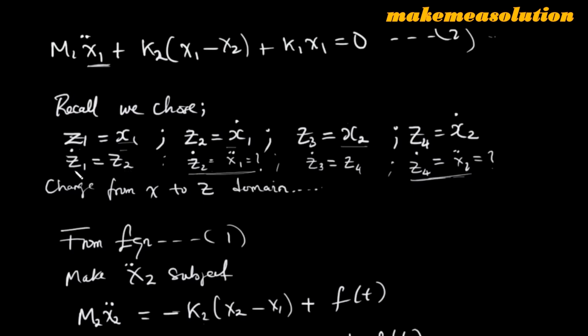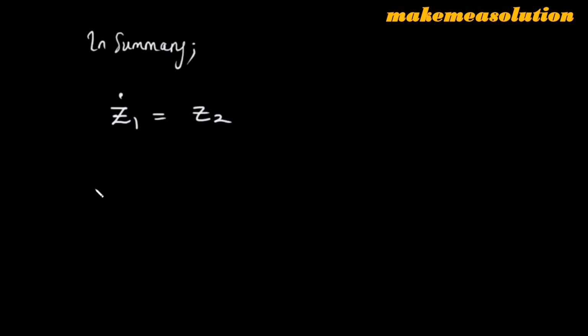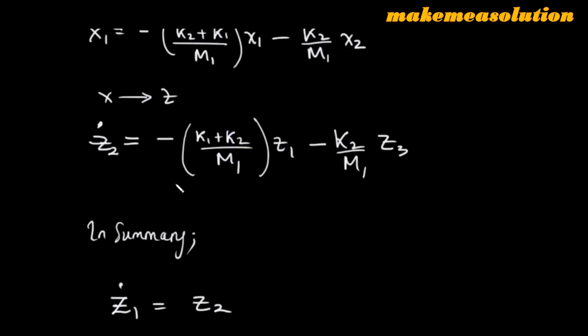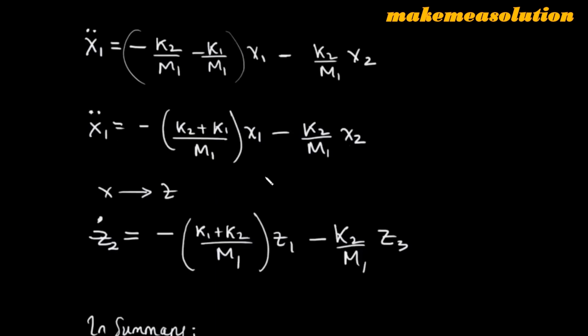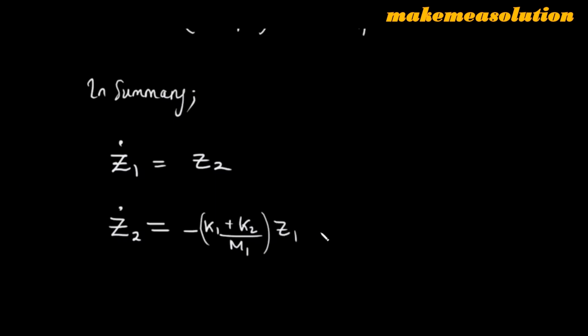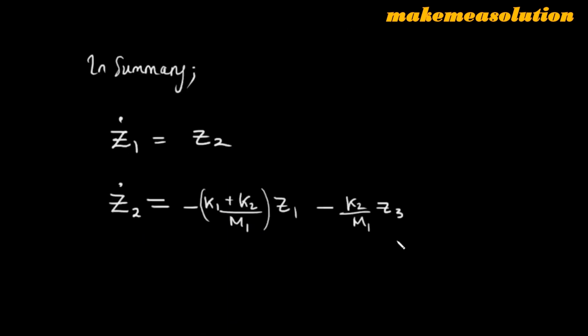Remember, the aim is to convert every z dot in terms of z. So you're eliminating every appearance of x and converting it to z terms. That's what you're doing in your state variables. So your z2 dot is what we just calculated now. Your z2 dot is minus k1 plus k2 over m1 into z1, minus k2 over m1 into z3.